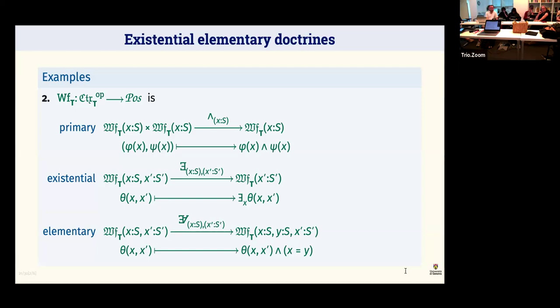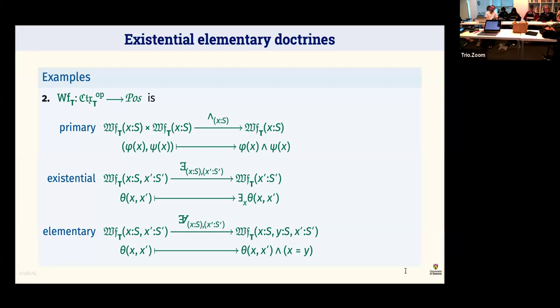In the case of a doctrine from a first order theory, again the inf semi-lattice structure is given by conjunction. The existential structure is given by existential quantification on the first variable. So this is an example of a formula where there are variables which are bound, and therefore it's appropriately in the Lindenbaum-Tarski algebra with that single free variable.